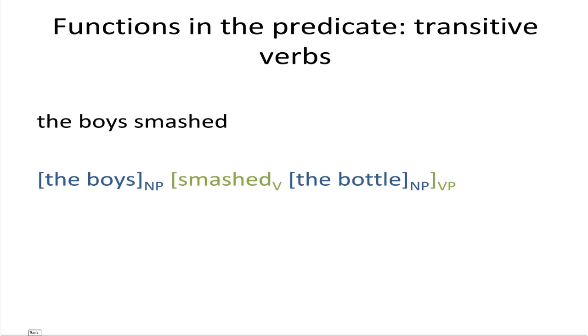A verb that has to have a noun phrase following it in order to make a complete clause is called a transitive verb, and the noun phrase that follows the transitive verb inside the verb phrase is called the object of the clause. So in this clause here, the boys smashed the bottle, the noun phrase the bottle is functioning as the object of the verb.